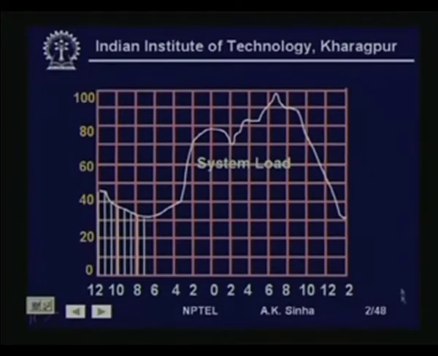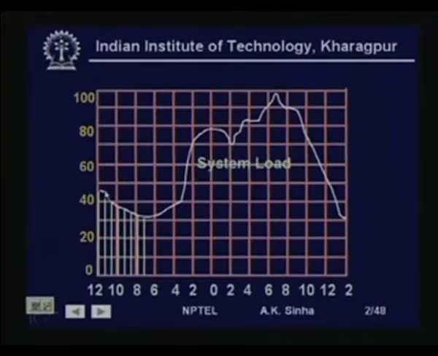Well, as we can see from this diagram, the load on any system is not constant all the time. It keeps varying all the time. So, when we want to do a study, we take any time instant and take the load at that time instant.